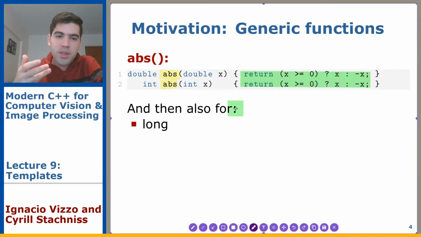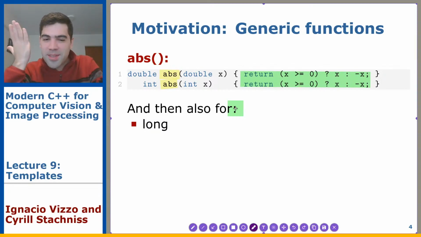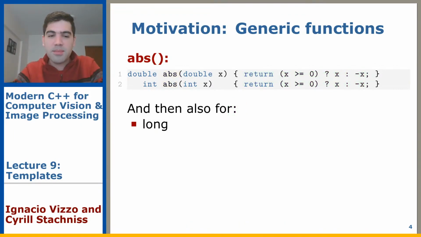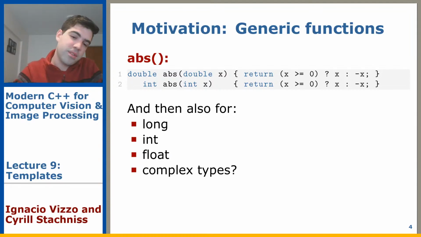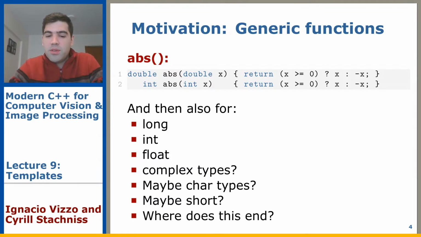You can overload its name, but it's tedious, because you need to write so many absolute value functions for your program. Now we have double and int, but you should also do it for long, and for floating point, and maybe, I don't know, complex type, maybe char, maybe short. And where does this end?